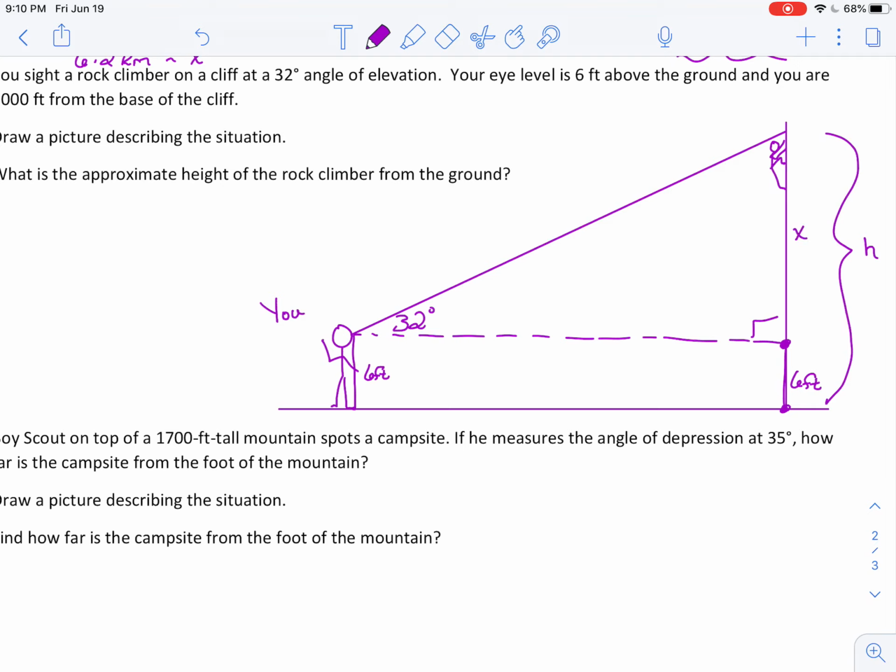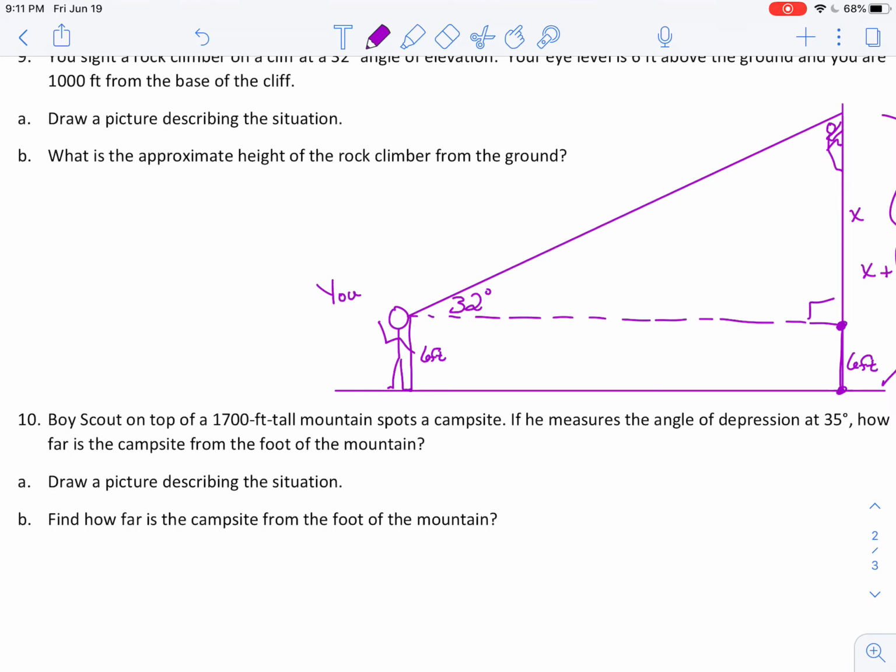I'm going to call it H for height. And if you just say, oh, X is his height, you're wrong. Let's pretend X turns out to be 100. I made that number up. If this rock climber falls, they don't stop at 100 feet. They have 6 more feet still to fall. So we are going to have to add X and 6 in order to get our total height.